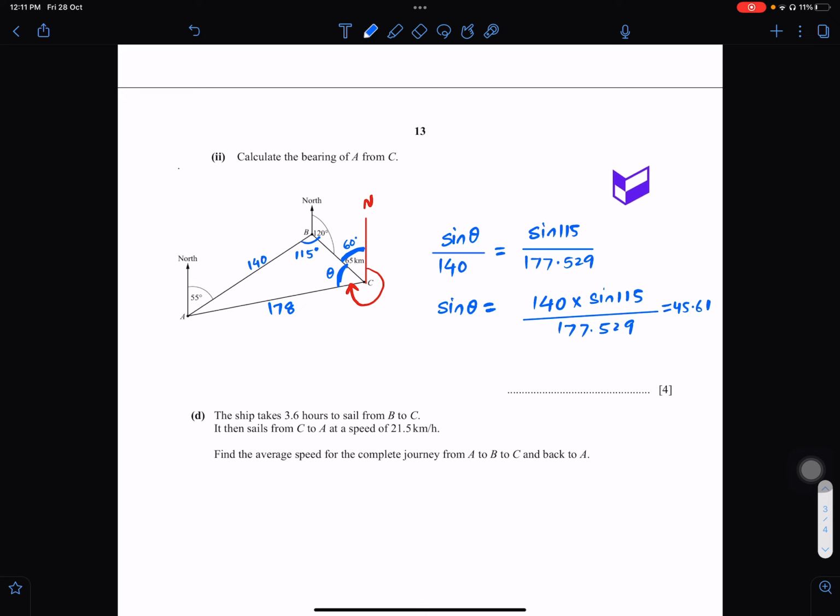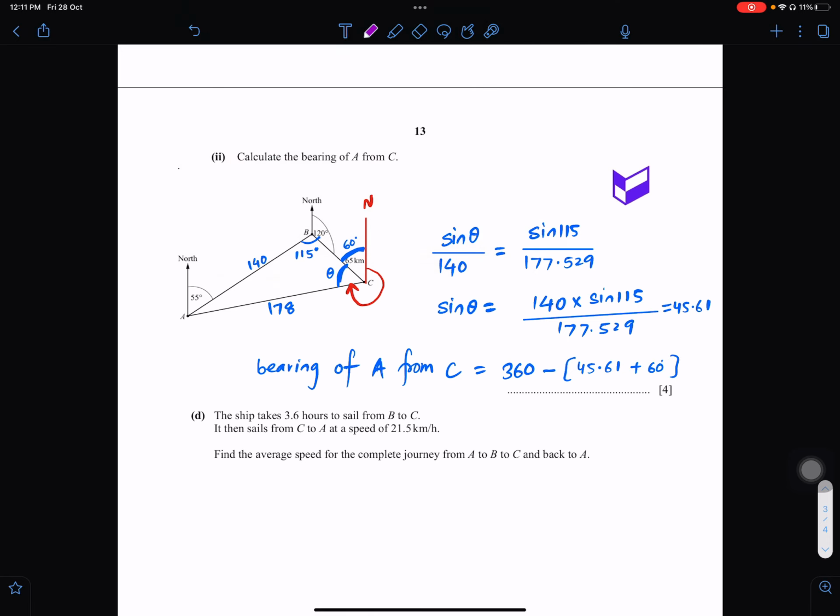Now the bearing which I'm looking for, the bearing of the point A from the point C, is going to be 360 degree subtracted by the addition of the angle which I just found, 45.61, plus 60 degree.